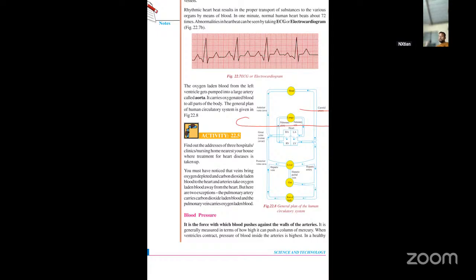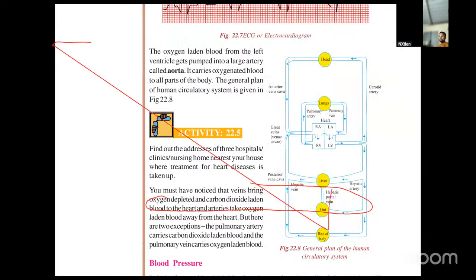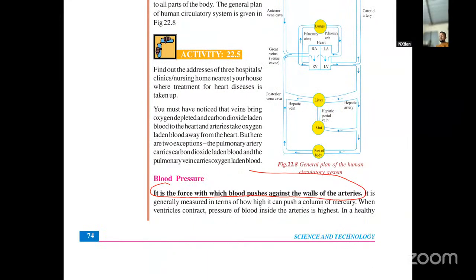That is why the walls of arteries are thick. Why are they thick? Because the walls of arteries bear more contraction force. Did you understand? If the walls of arteries are thin, then they can burst. That's why the walls of arteries are thick.